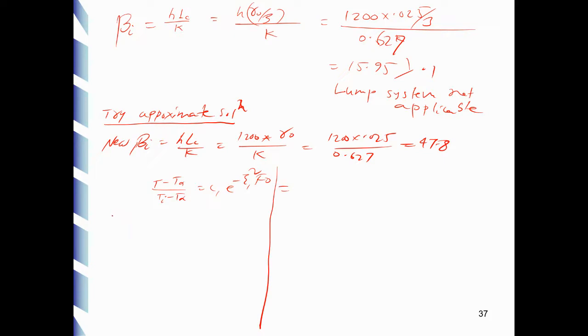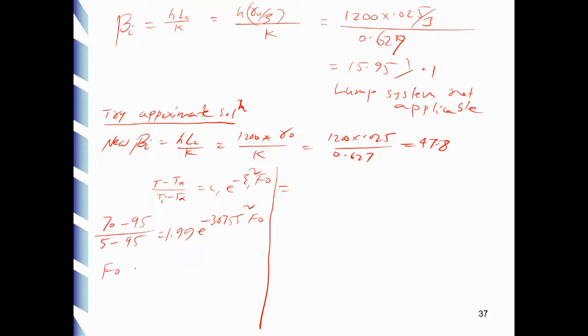So T is 70 minus 95 by 5 minus 95 equals 1.99 e to the power minus 3.0755 squared F0.